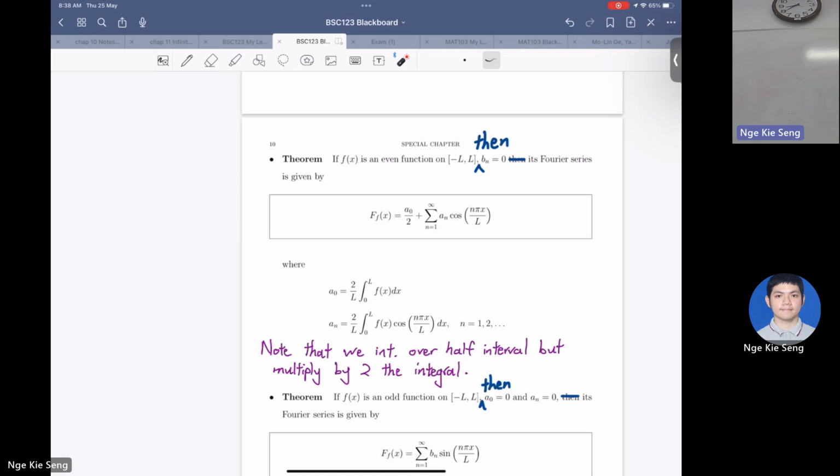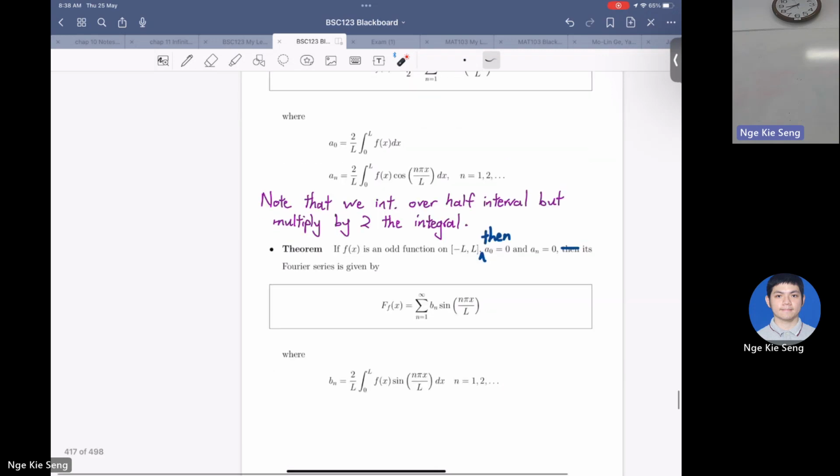Similarly, you can find the Fourier series of an odd function using sine waves, because sine is odd. So it is enough to use odd functions to make odd functions, and it is enough to use even functions to make even functions.